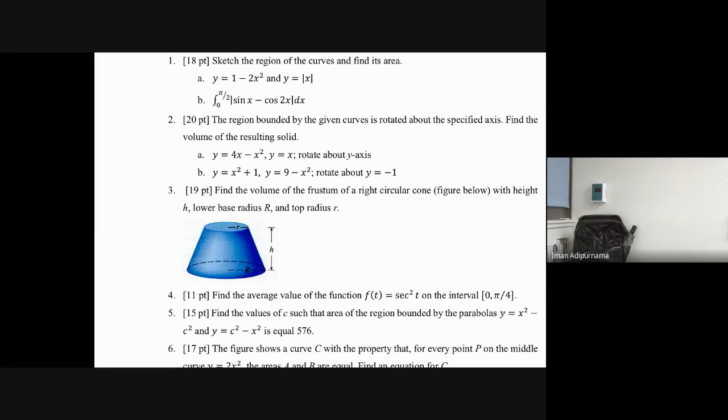Number 2, if you don't understand the graph, the curve, you will confuse which method to apply, the disk method or shell method. Okay?